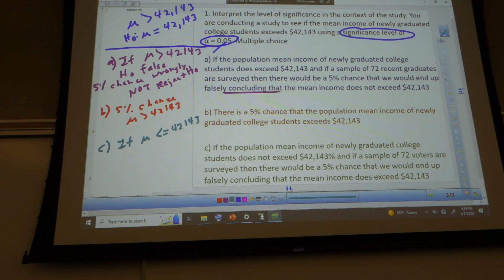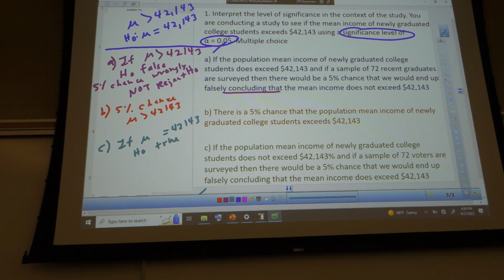No, let me think. If it does not exceed 42,143, my claim is that it exceeds. Oh, we failed to reject H naught. So my claim is that it exceeds, H naught is that it's equal. So if it doesn't exceed, that means it's equal. So it means that H naught would be true.